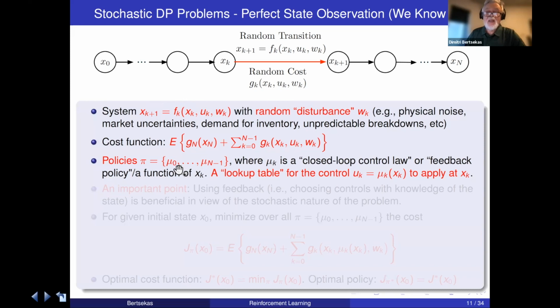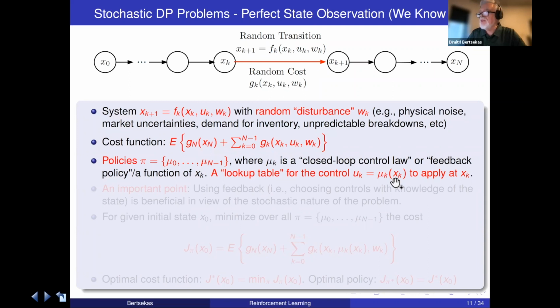So the object of minimization is something more complicated now. It's a sequence of functions, not a sequence of controls. Each one of these functions, mu k, let's say, maps the current state xk into a control to apply at xk. It can be viewed as a lookup table, a table that tells you if you land at xk, you are going to apply uk.